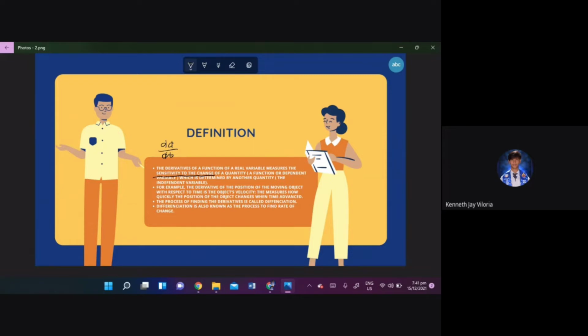Next, the process of finding derivatives is called differentiation, which is also known as the process of finding the rate of change.